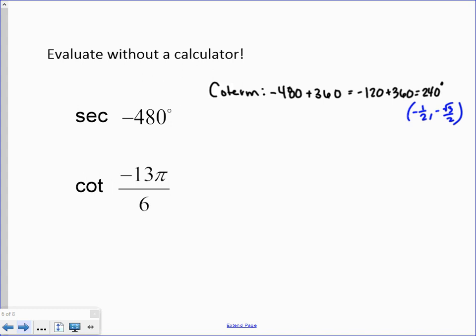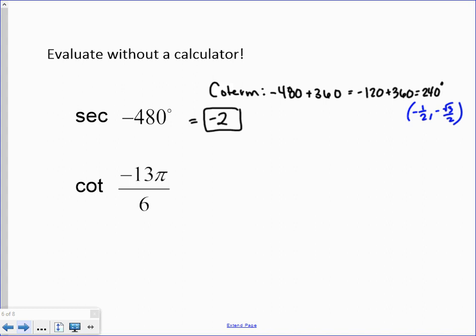And then I want to answer the secant of negative 480. Its coterminal angle is 240, so it's really the secant of 240. Which one of these coordinates am I going to use for secant? The x, because it's the reciprocal of cosine, and cosine is x. So then I would do the reciprocal of negative 1/2, which is negative 2. Okay.